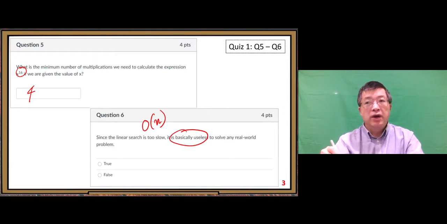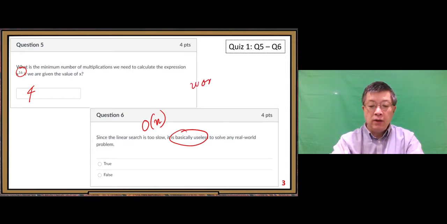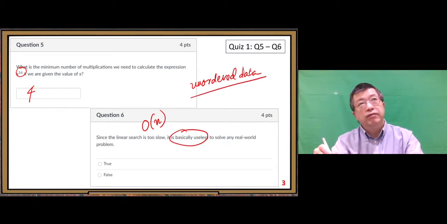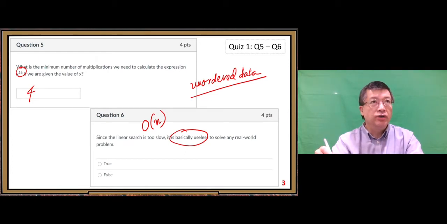So you are given an array of data, an unordered array. If you have unordered data, what can you do? You do not have many ways to do the search.